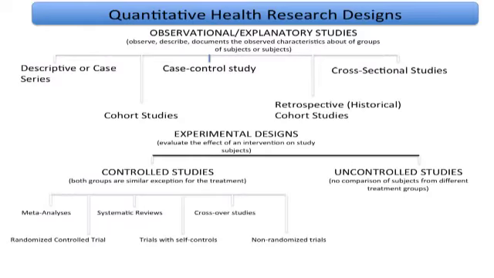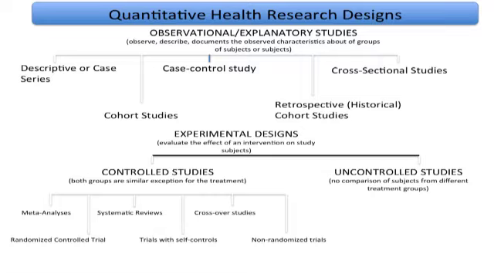When you turn to the health sciences, there are similar designs, but they go by different names. Two broad categories are shown in this visual. Observational explanatory studies, where we're just trying to describe a case, where we're looking at cross-sectional information, where we're following a cohort or a group of people over time.